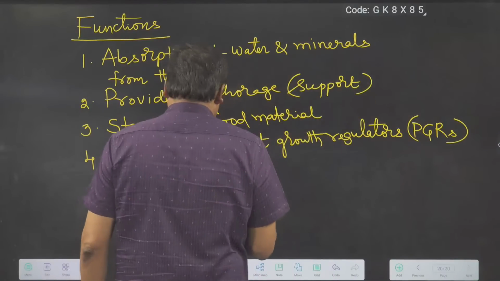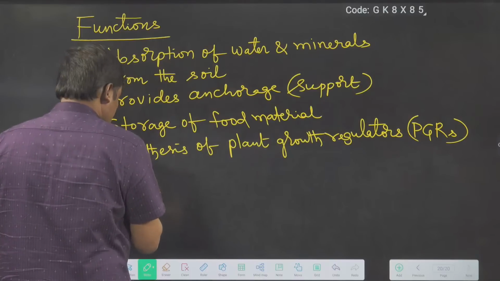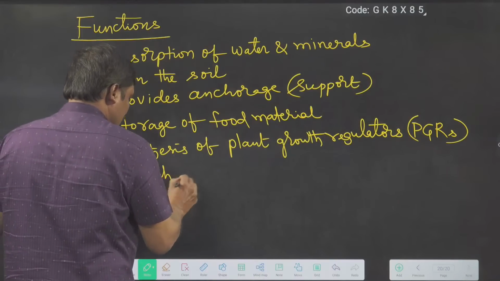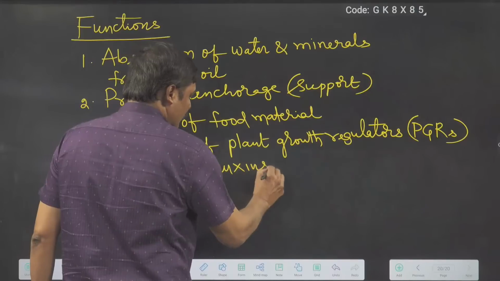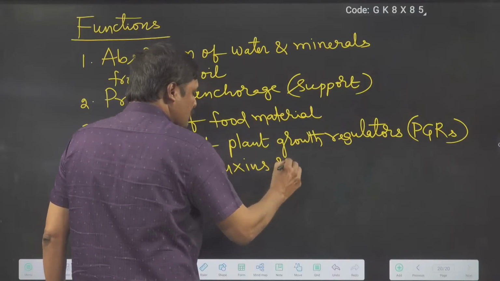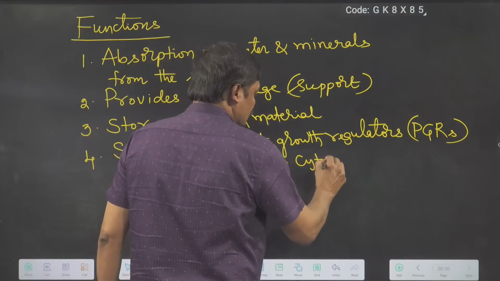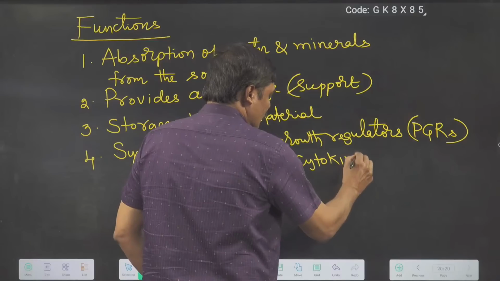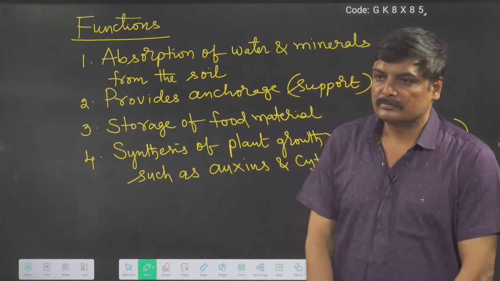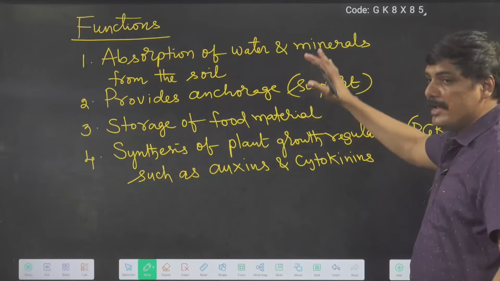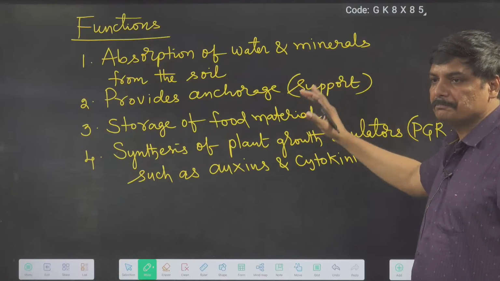For example, auxins and cytokinins. Auxins and cytokinins. These are the main functions of the root system.